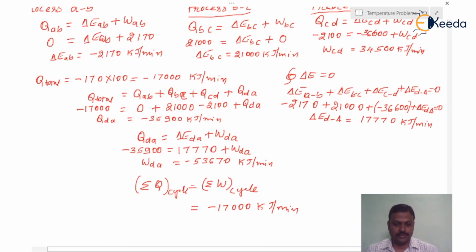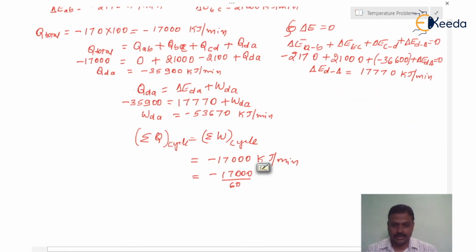If we divide this by 60, so a minute has 60 seconds, 17,000 divided by 60 will give the answer in kilojoules per second, that is in kilowatts. So it is minus 283.3 kilowatt. So that is calculated now.